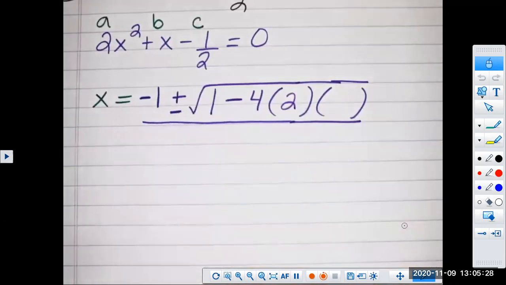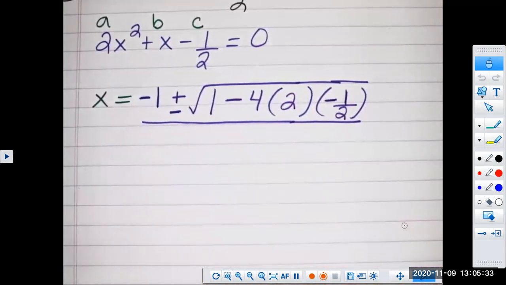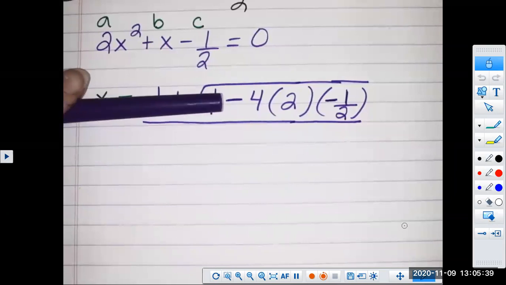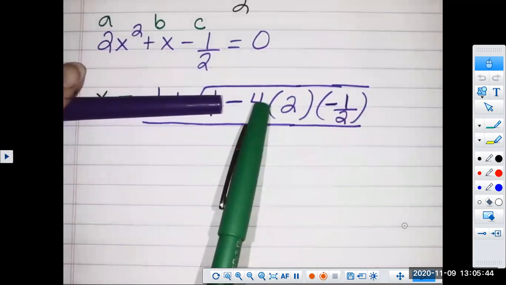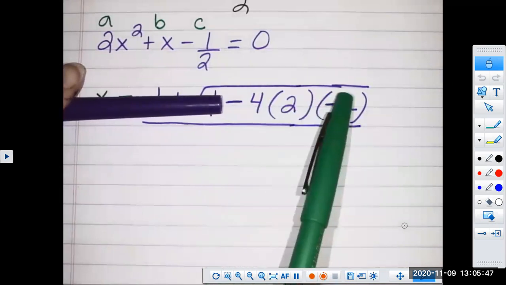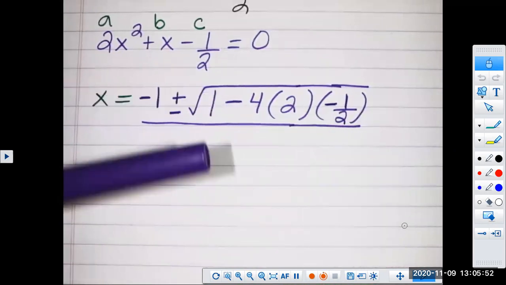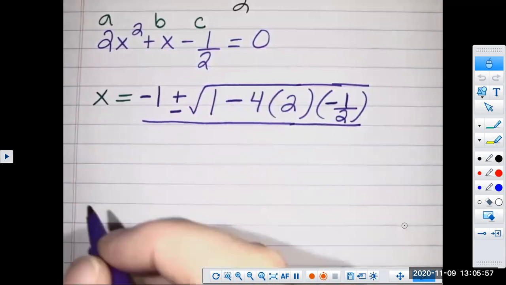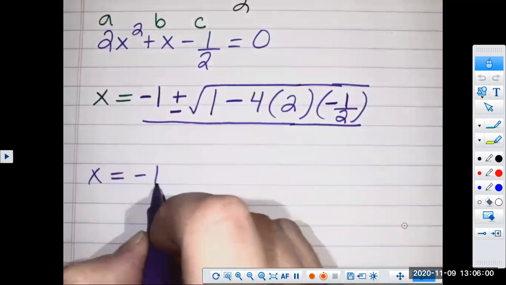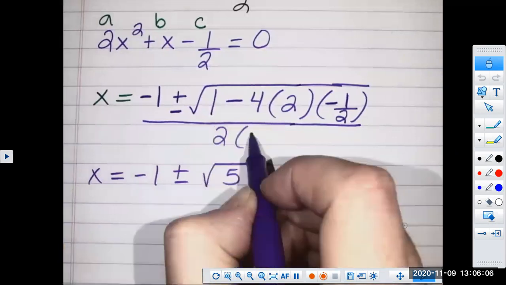And C is -1/2. Okay, cover everything else up. Multiply -4 times 2. What do you get there? -8. And what is -8 times -1/2? +4. Good. So you got 4 plus 1, which is what? 5. And then on the bottom, we had 2 times A, which is 2.